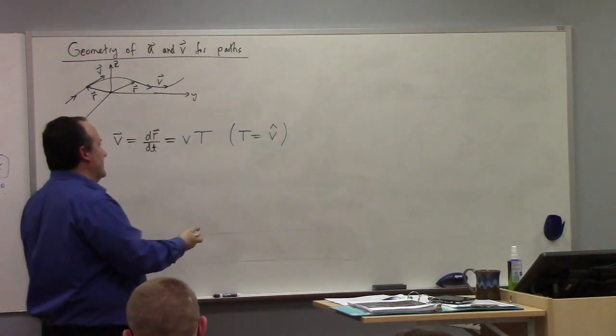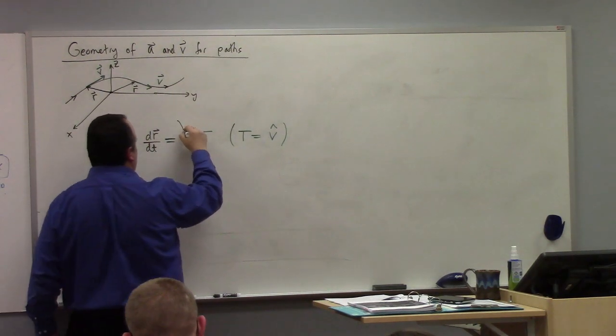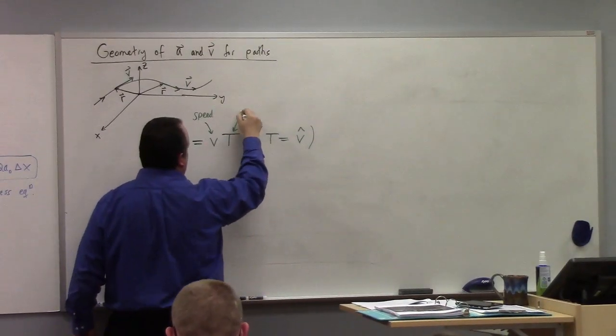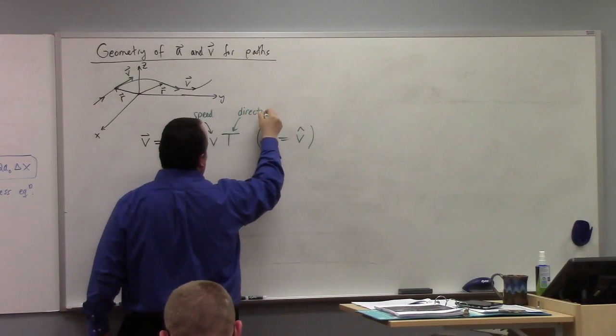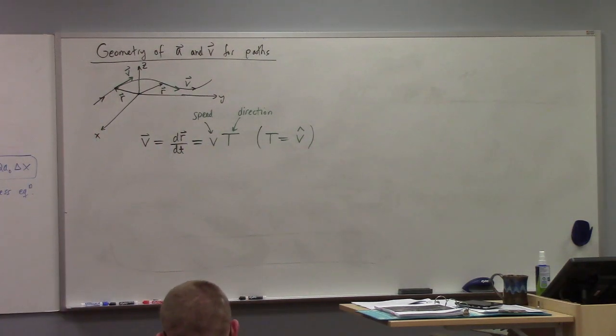It is a unit vector in the direction of the velocity. It's also known as the unit tangent field. So this is speed, right? And this is basically direction, right? This is the direction of the path. And that changes with time, right?